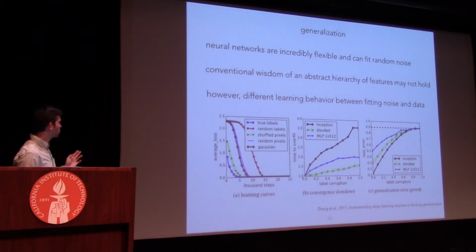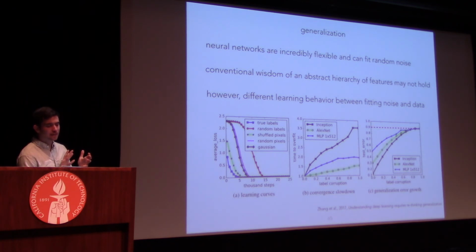What I'm showing here is a plot from a recent paper where they took one of the state-of-the-art models and fed in the same data examples, but randomly permuted the output labels that they wanted the network to fit to.